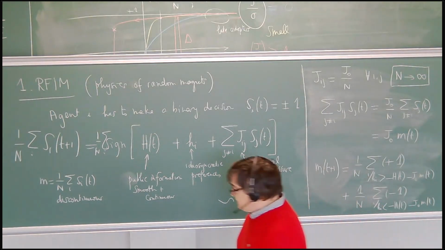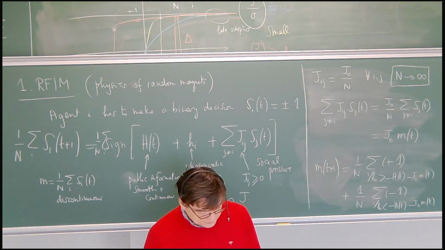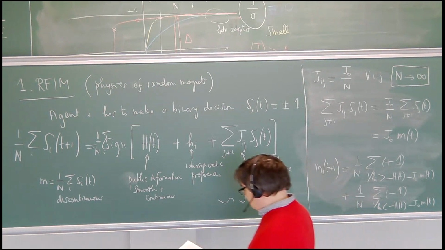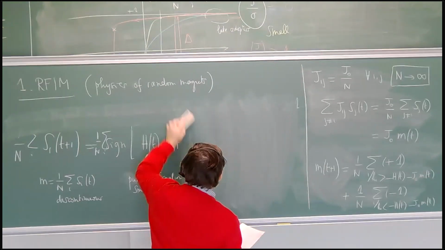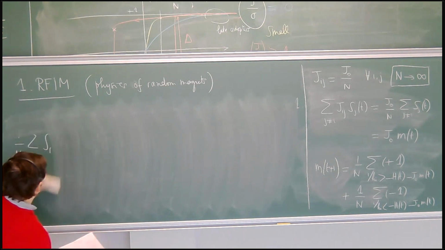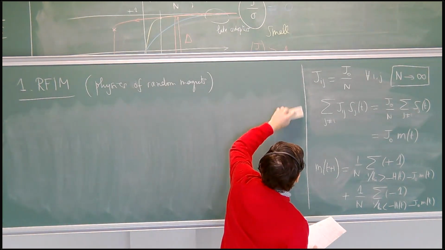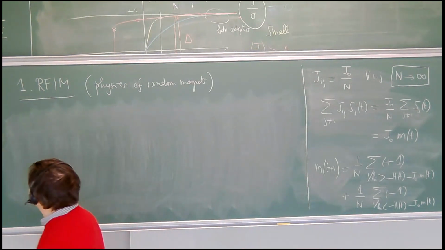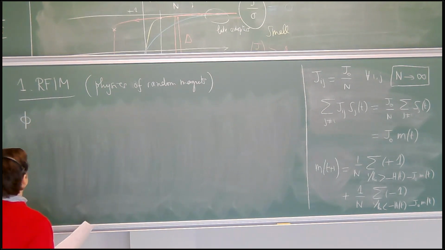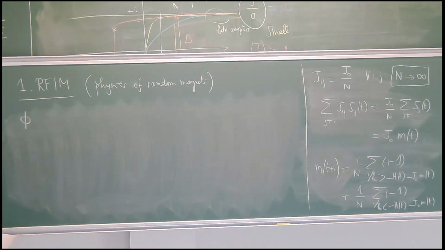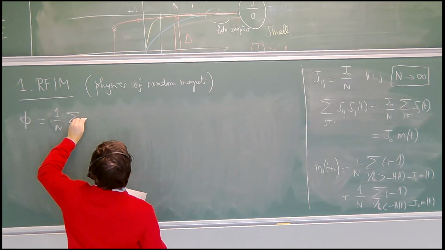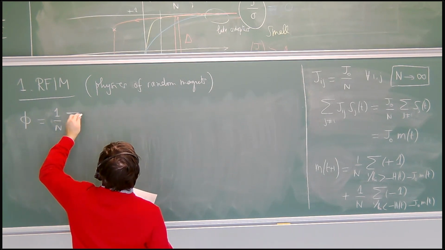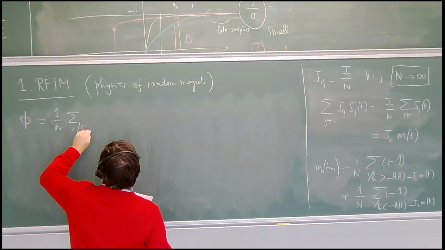So in order to give this equation a better looking shape, I'm going to introduce a slightly different quantity, which I call phi, which will be useful, which is 1 over N sum over i such that S_i is equal to plus 1.